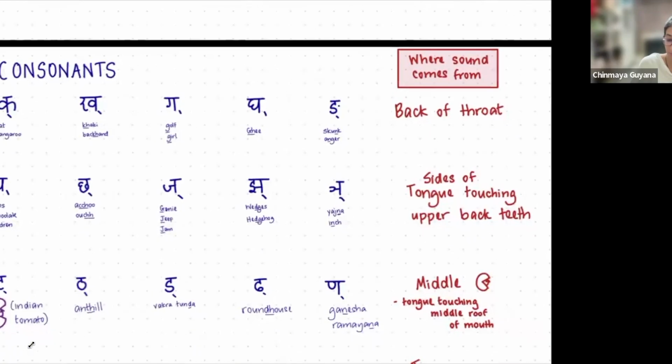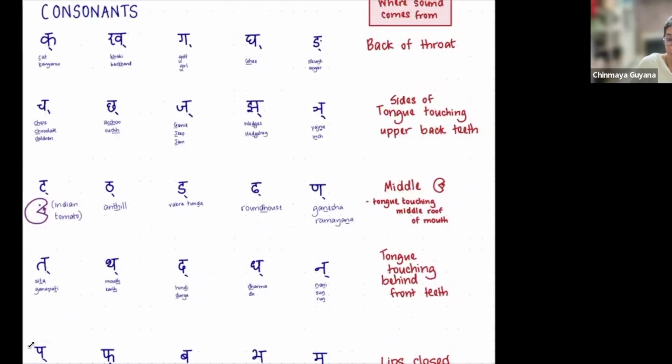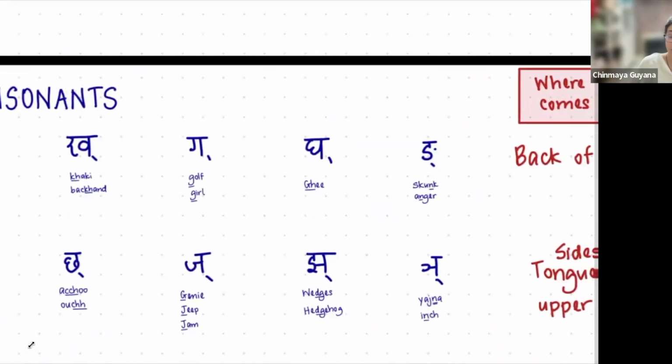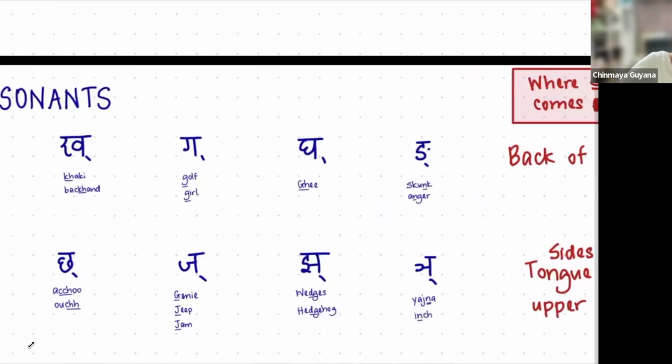Now consonants. For the 5 lines of the consonants, I've written where the sound comes from. So you can make sure you're saying it correctly every single time. And please remember the halant is part of the consonant, right? All the halants are part of the consonant and they indicate that there is no vowel.